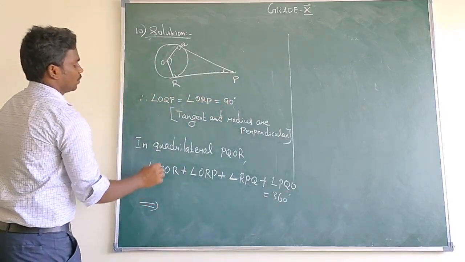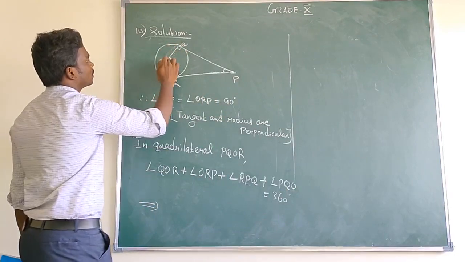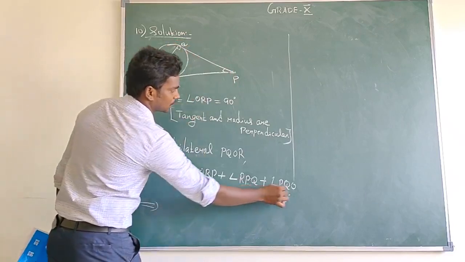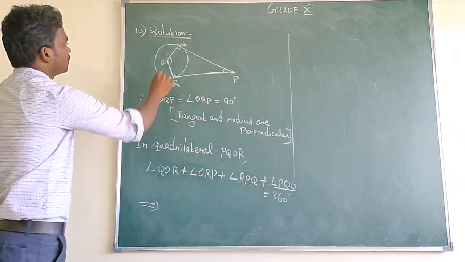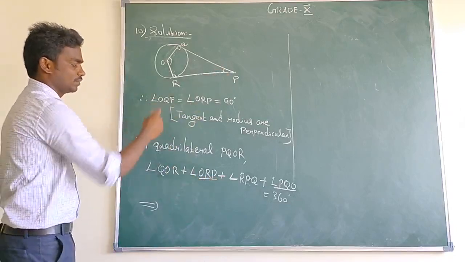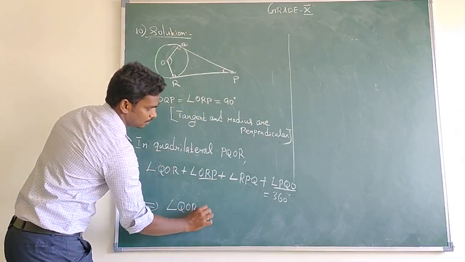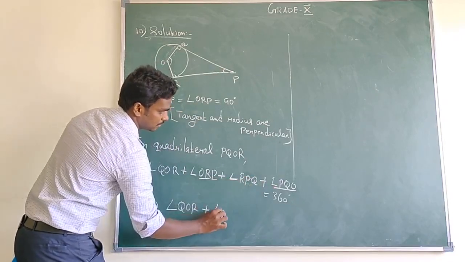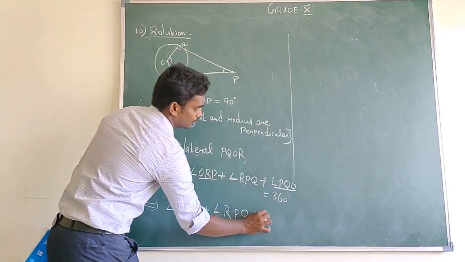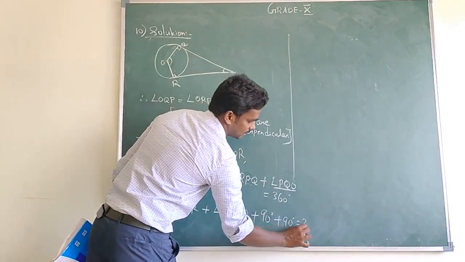Implies that the angles PQO and ORP, these two angles are 90 degrees, as given. So angle QOR plus angle RPQ plus the remaining values, 90 degrees plus 90 degrees, is equal to 360 degrees.